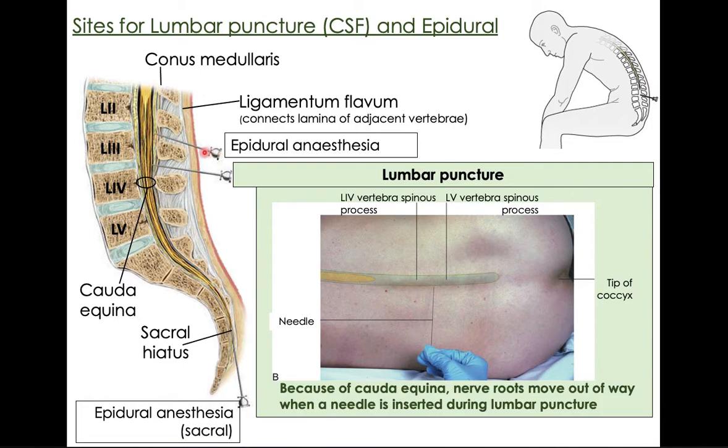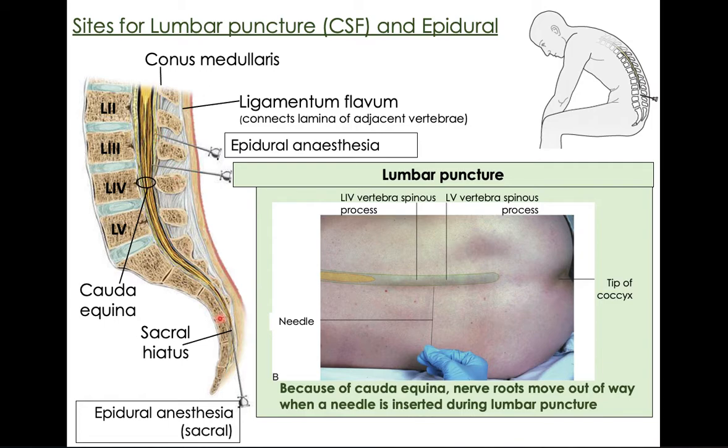You must be aware that if you insert that anesthetic at this level, anything below here on down is going to be anesthetized. So including if we are here between L2, L3, we might anesthetize motor functions of the limbs, and any sensation coming from the limbs the patient won't feel.